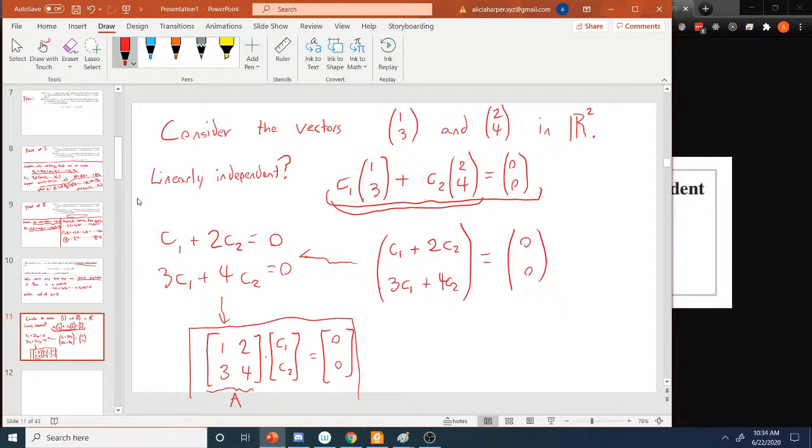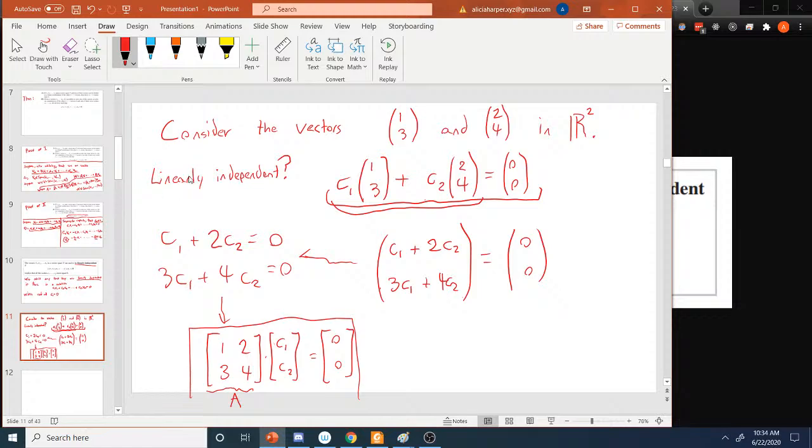If A has an inverse, we can multiply both sides of this matrix equation by A inverse, and we would find that C1 and C2 are both equal to 0. But if A doesn't have an inverse, this equation will have non-trivial solutions. In other words, A will have a null space.